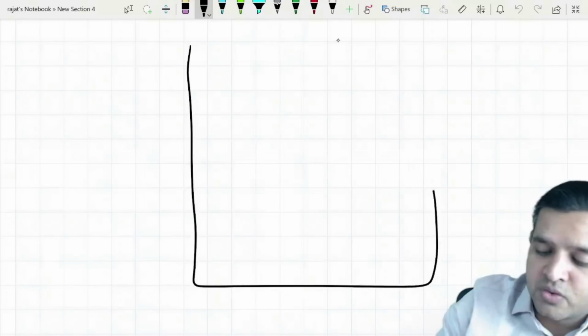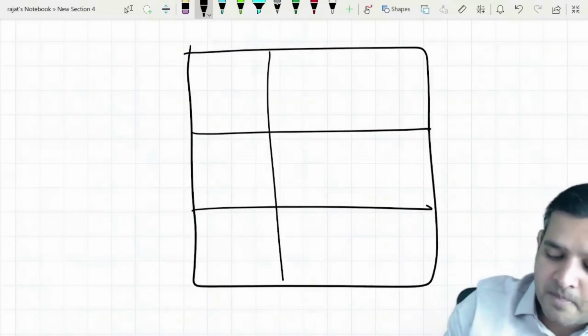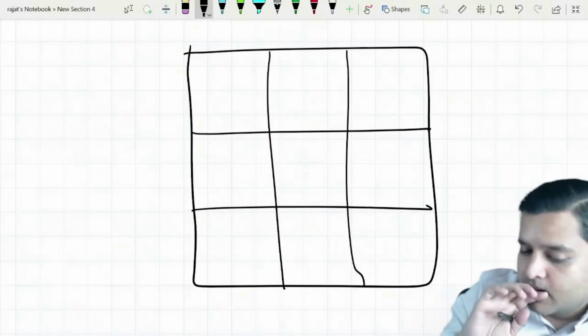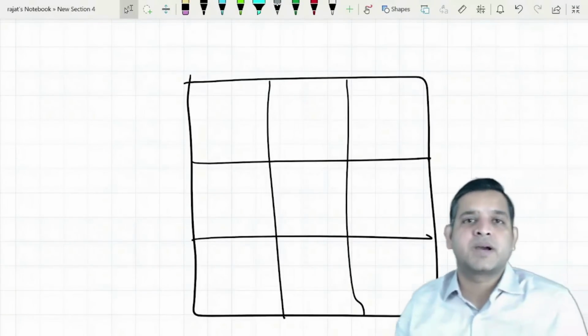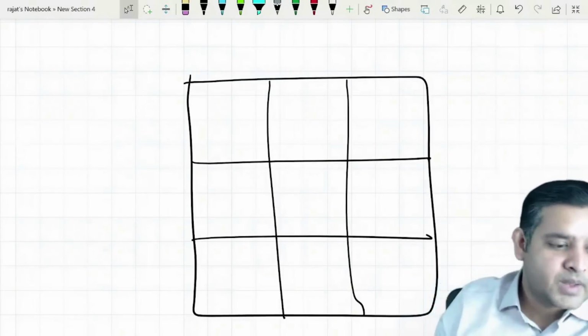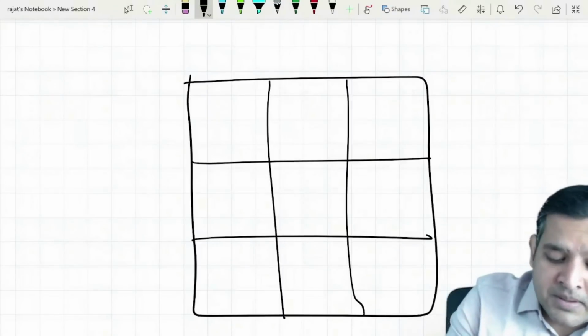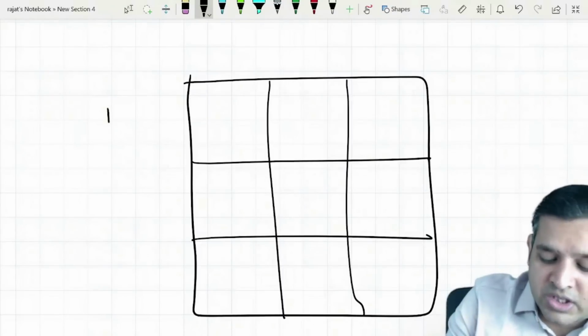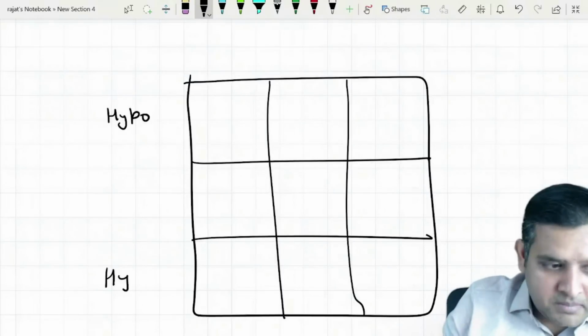I want all of you to make this chart, and this chart will help you. It's a 3 by 3 table. Please remember, anything that will appear black in radiology will be labeled as hypo. Anything that is white in radiology will be labeled as hyper.